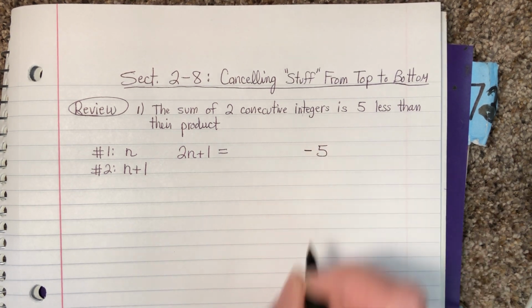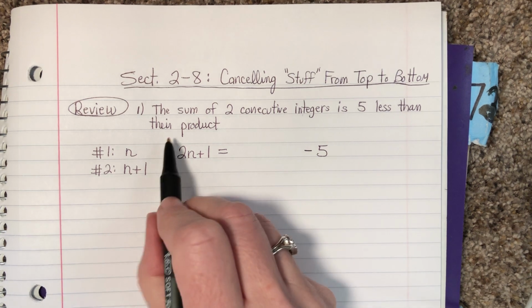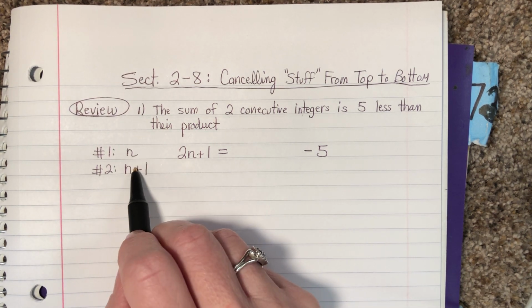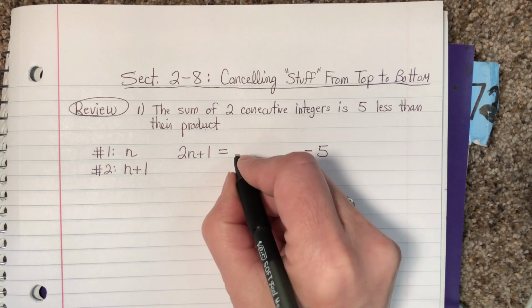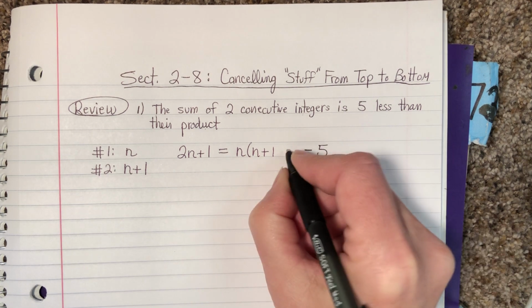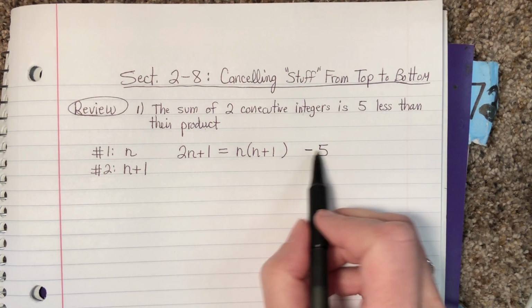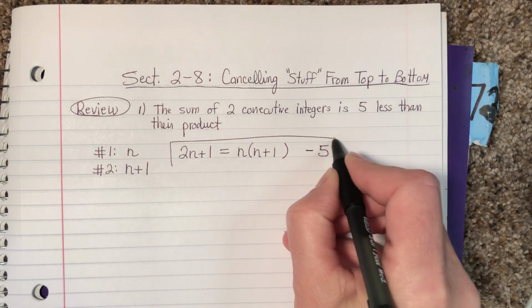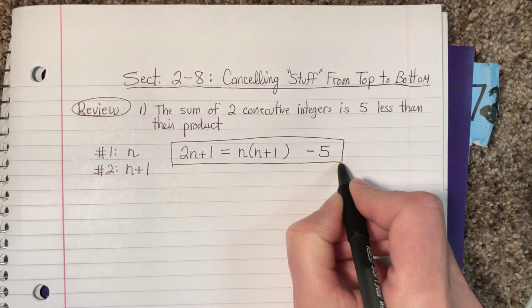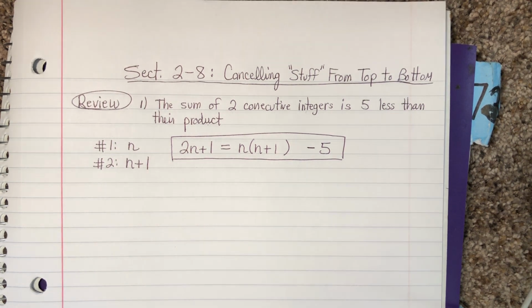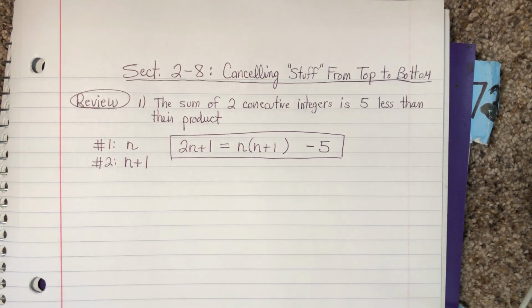Remember, less than comes at the end, so I'm going to put that out here, their product. Product means multiply. So n times n plus 1 is how you write the product, and then we've got 5 less than that. So this would be my equation. Don't worry about solving these. I think the most important thing is that you can define them and set up your equation.